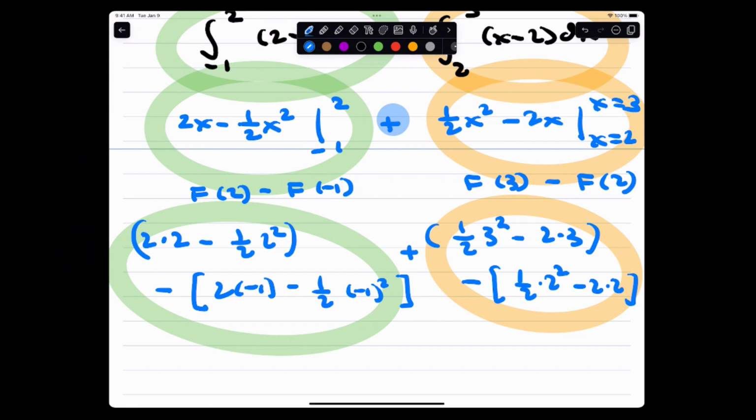So just to go through all the details, the devil's in the details. So let me double check here. 2 times 2. Let's double check with our colors here, okay? Because this might be helpful, right? So just be very, very careful here, ladies and gentlemen.